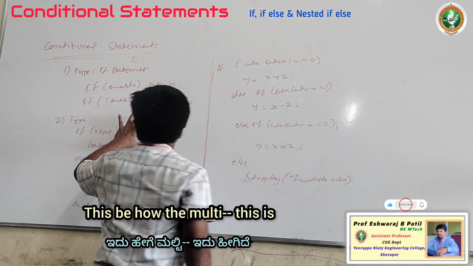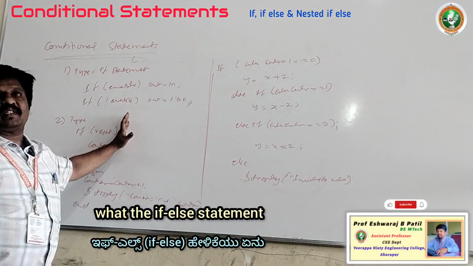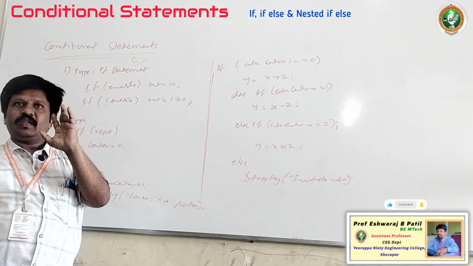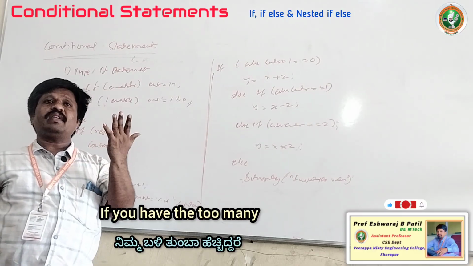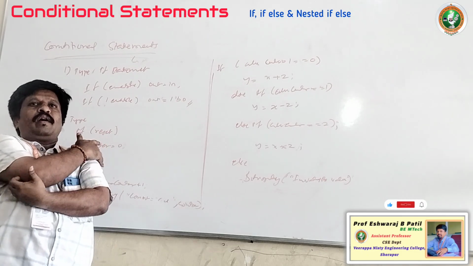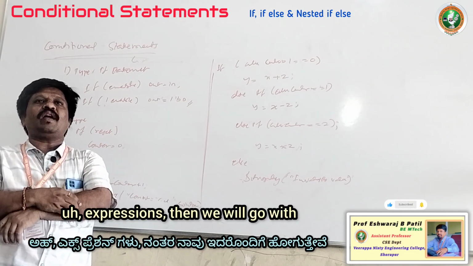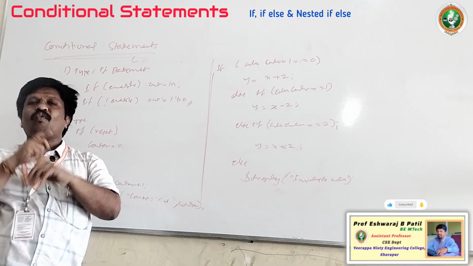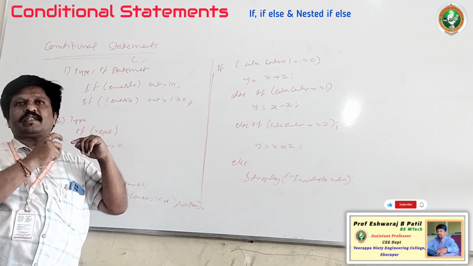We have the if else statement, there can be one if else statement, two, three, or more. If you have too many if else statements in the expressions, then we will go with the multi-way branching. Multi-way branching means giving one expression and writing as many if else statements as needed inside it.